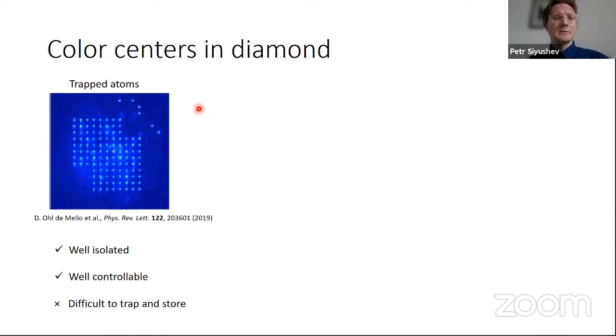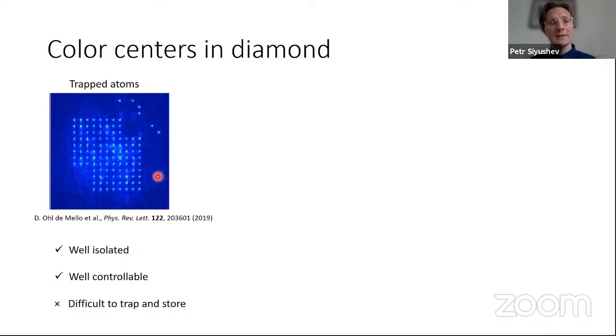These systems are extremely good because all of them are identical and they are well isolated from the environment. They provide very good control over the quantum states. And here you see, for example, a picture where atoms are trapped in an optical lattice. So you can distinguish them, you can address them separately and so on.